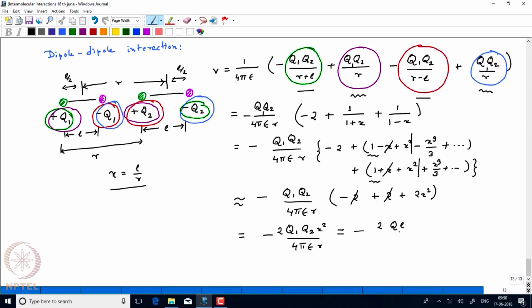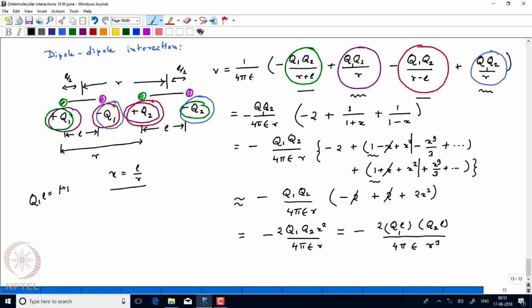So one L I am attaching with q1, and the other L I am attaching with q2. This will be L squared divided by 4 pi epsilon r cube.